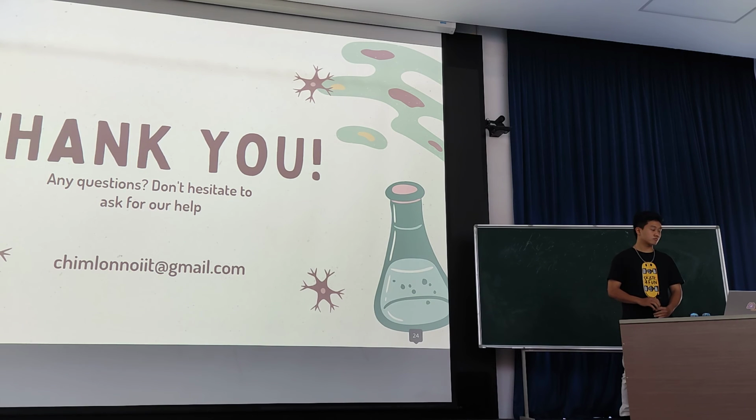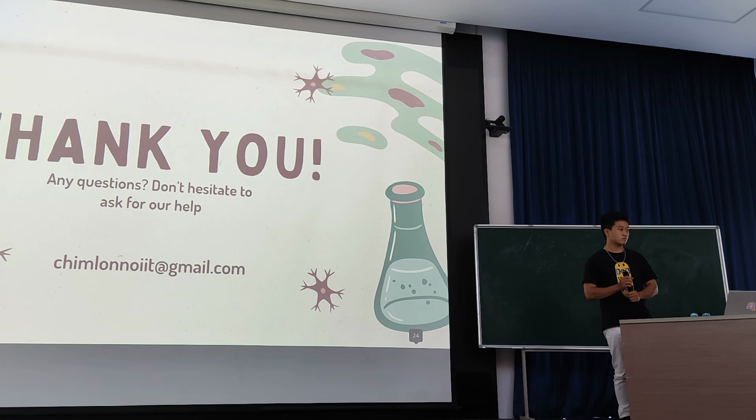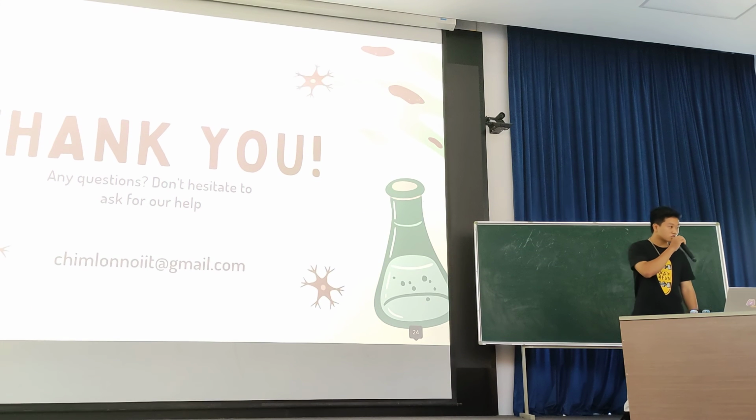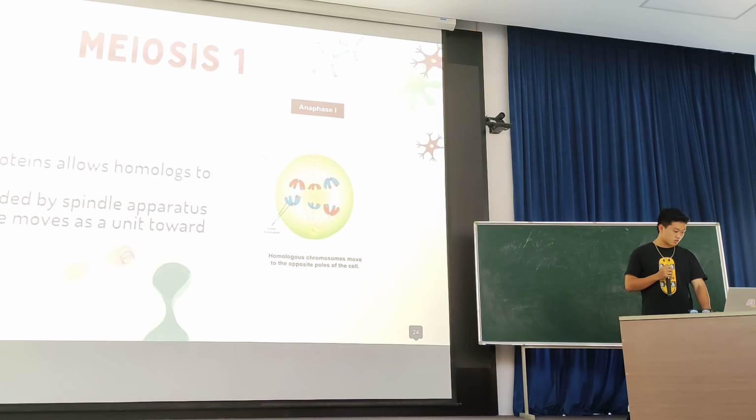So in anaphase 1 of meiosis, how many chromosomes can you count for a human cell? Assuming that you have a normal human cell in a dividing stage, in anaphase 1, how many chromosomes can you count?